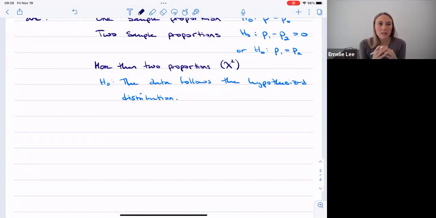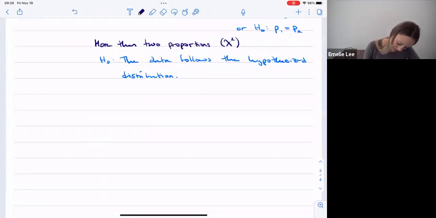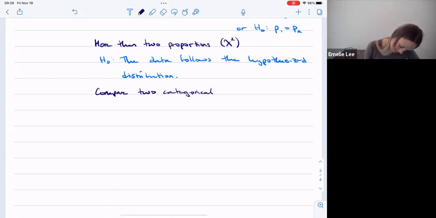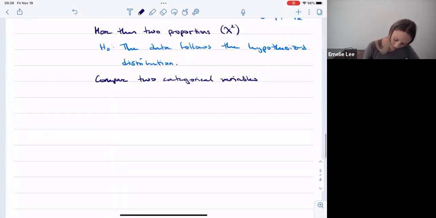And then if we want to compare two categorical variables, so each of those would have proportions, that's also the chi-squared. That's the one that we finished.